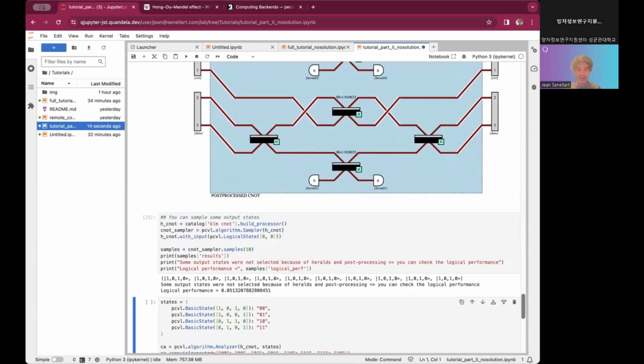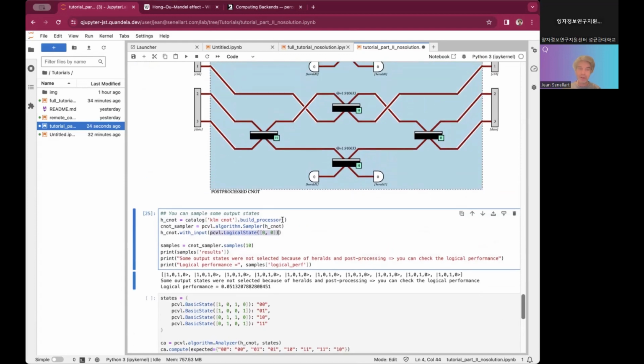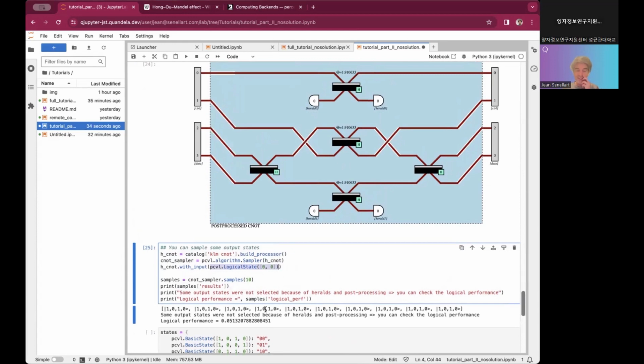I'm doing exactly the same with that. You take your catalog, you build the processor, you define the sampler with your processor, exactly as we did. Something new here is that we define an input that is a logical state. Here I'm not talking about photons, I'm sending logical state 0, 0. How can I do that?